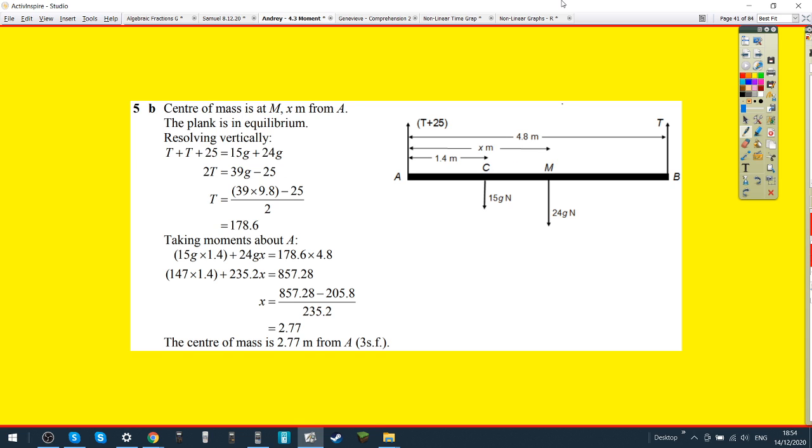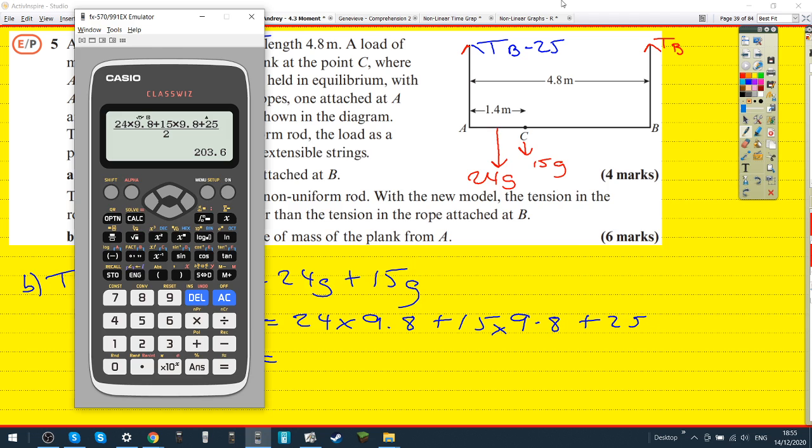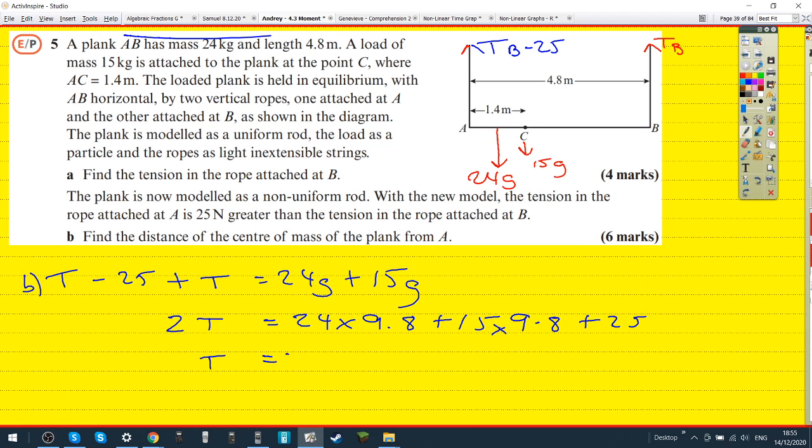Oh, they did plus 25. Why is it plus? Detention. Oh, this will still work. What we have is still fine. So let's just go with what we have. 203.6. If you subtract 25 from 203.6, you get their answer.